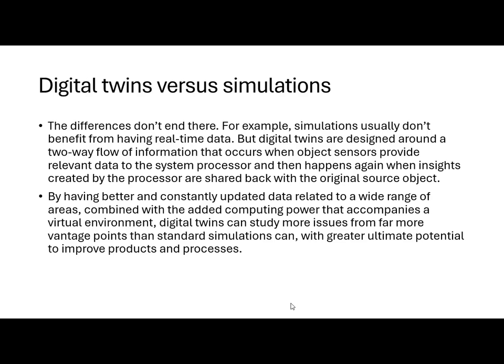Simulations usually don't benefit from having real-time data, but digital twins are designed around a two-way flow of information that occurs when object sensors provide relevant data to the system processor, and then happens again when insights created by the processor are shared back with the digital source object.